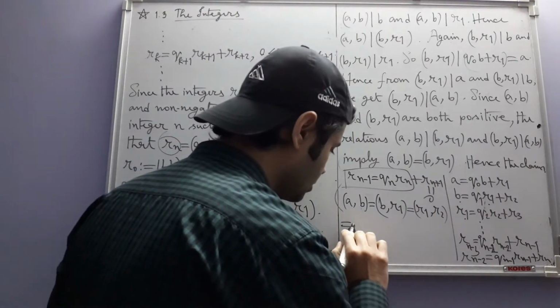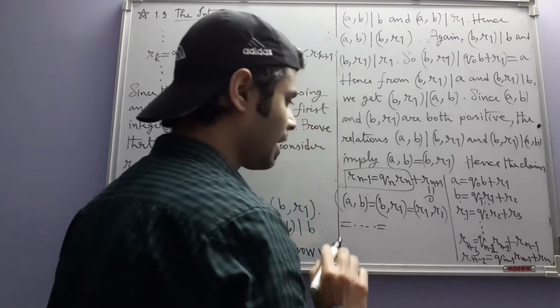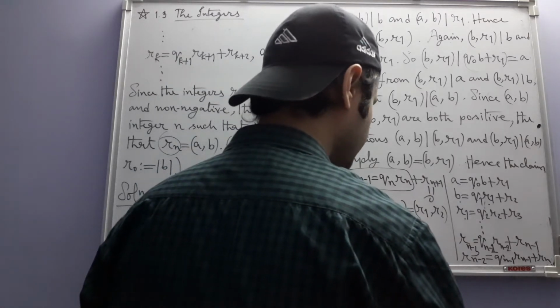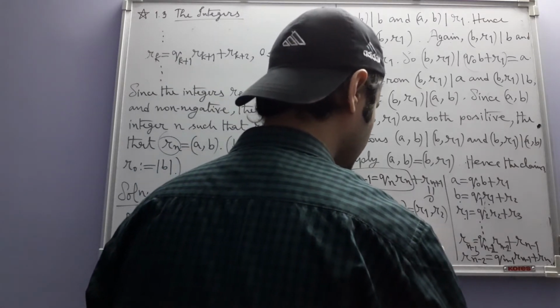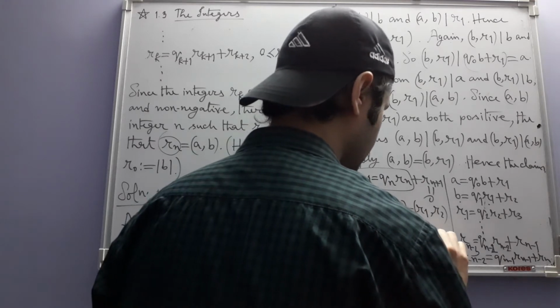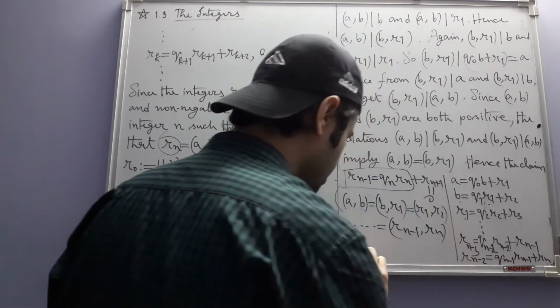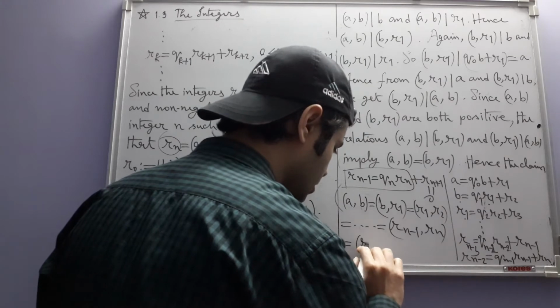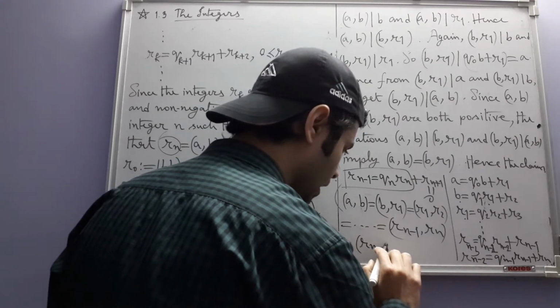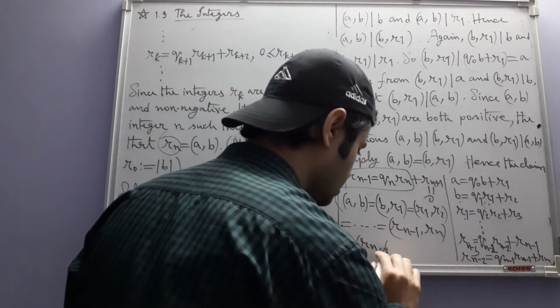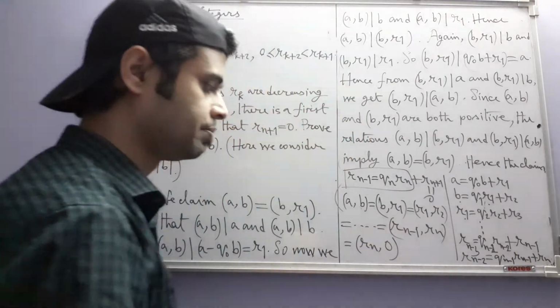And it continues like this. Ultimately we will get GCD of Rn minus 1 and Rn, which is equal to GCD of Rn and Rn plus 1, which is nothing but 0.